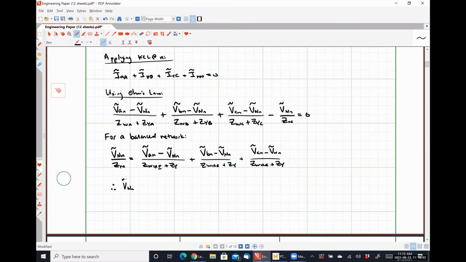VNN will be multiplied by a factor of 1 over Zn plus 3 over Z wire plus ZY, is equal to VAN plus VBN plus VCN all divided by Z wire plus ZY.